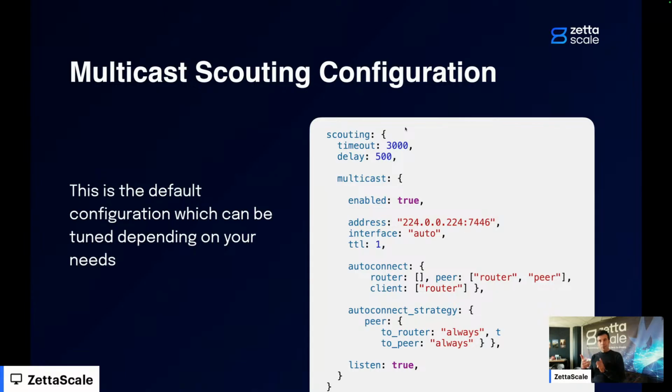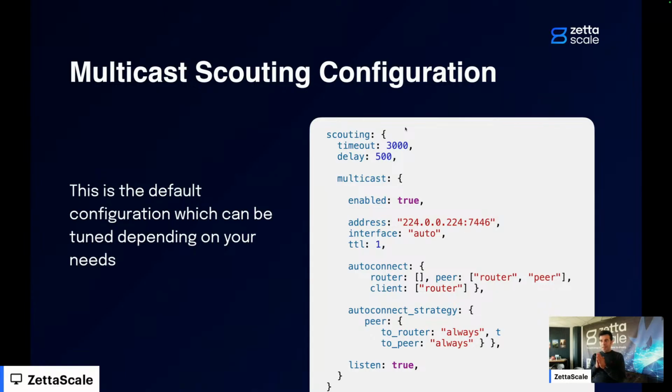Then there is a scout call at the session level that you can run. We will see that in a moment with the Zenoh Swiss Army knife. Then, as I said, there are multiple ways of doing scouting, and so far we have covered multicast scouting, which you can enable or disable. And by default, multicast scouting is enabled. It uses the port 7446 and the multicast address 224.0.0.224.